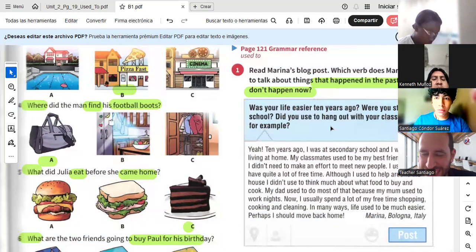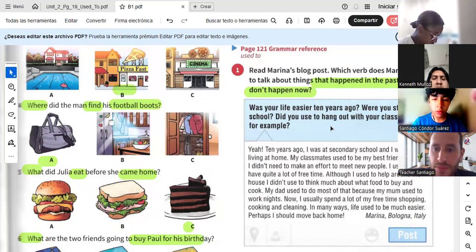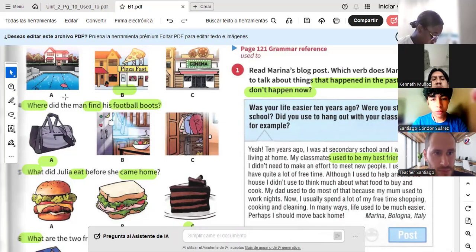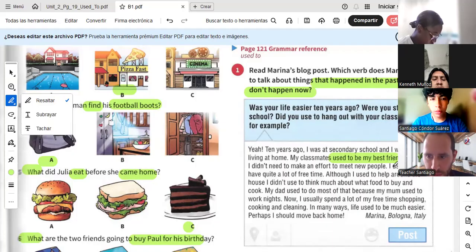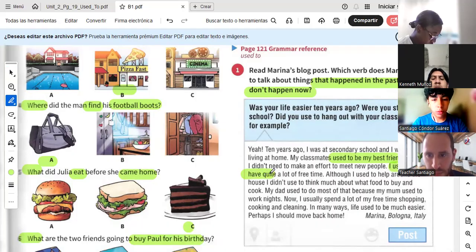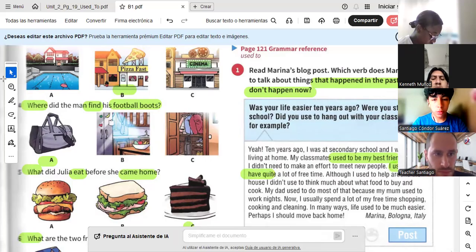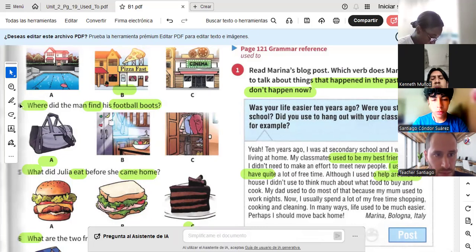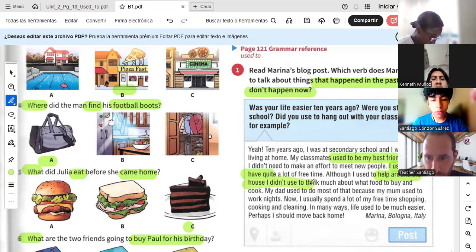Thanks. 10 years ago, I was at secondary school and I was still living at home. My classmates used to be my best friends, so I didn't need to make an effort to meet new people. I used to have quite a lot of free time. Although I used to help around the house, I didn't used to think much about what food to buy and cook.